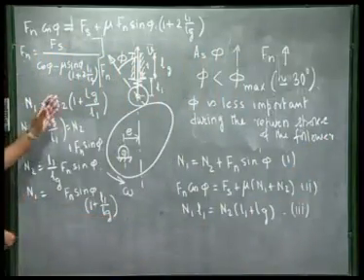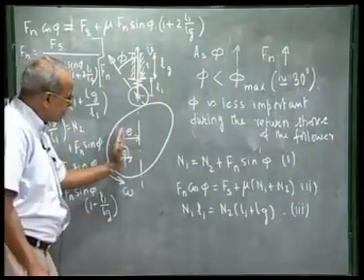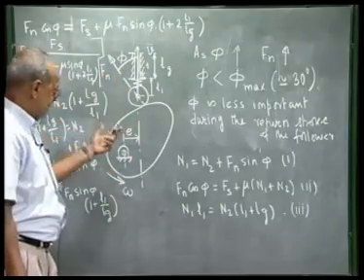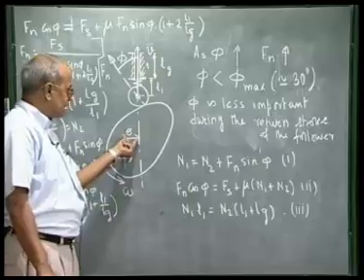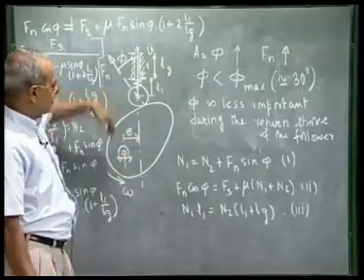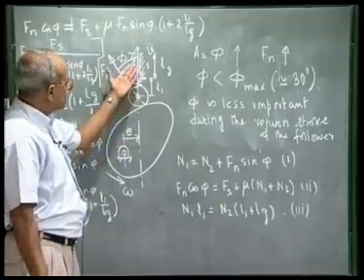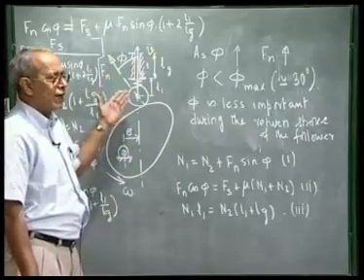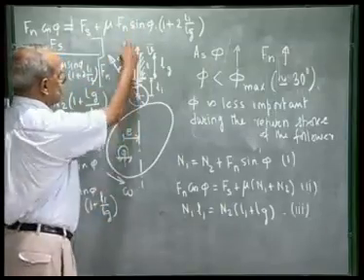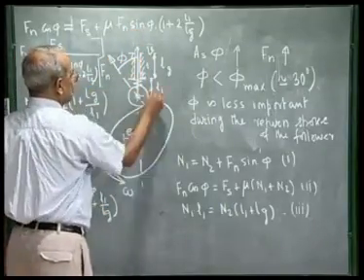And later on we shall see that this offset, the positive offset, will decrease the value of phi as compared to when the follower offset is 0. If the offset is 0, for the same movement of the follower and same cam, the maximum pressure angle will be more, and the maximum pressure angle will be reduced during the rise portion, during the movement that is going up.